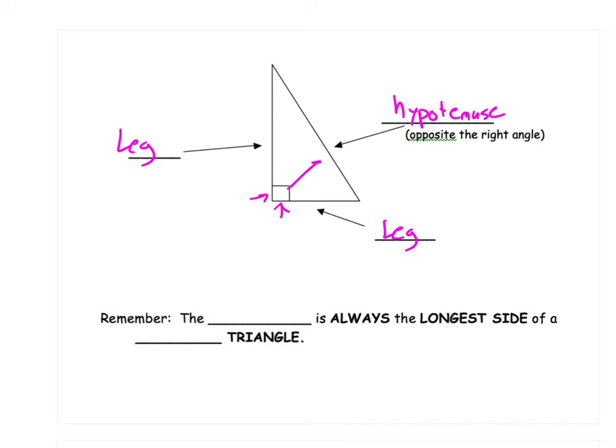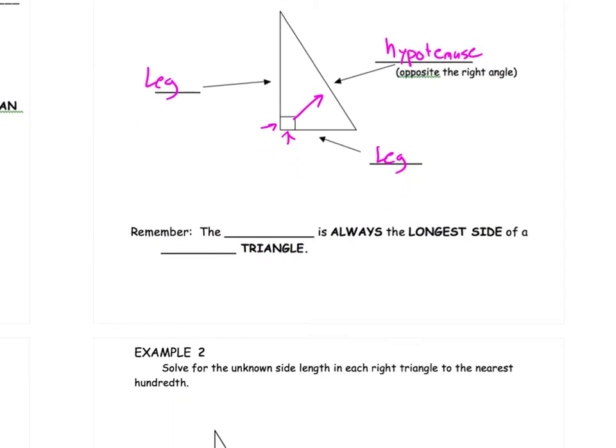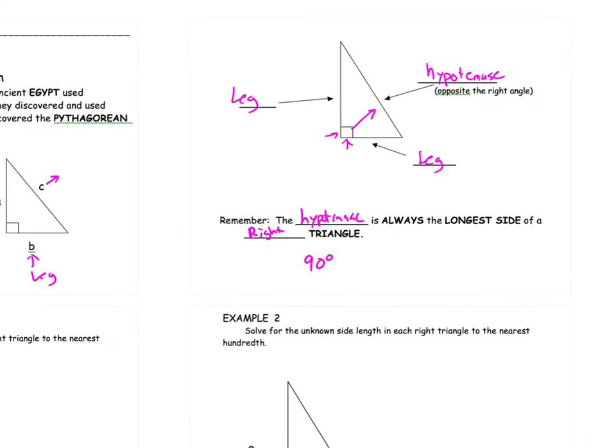So it's always going to be the opposite side from the right angle. And also remember that the hypotenuse is always the longest side of a right triangle, which just means that it's a triangle that's got a 90-degree angle in it.